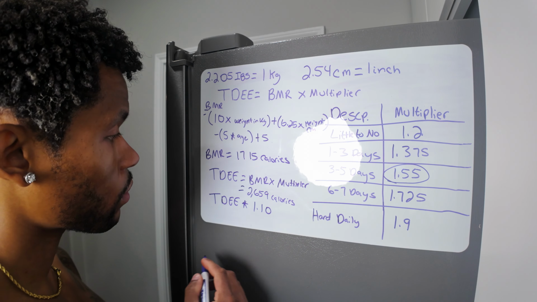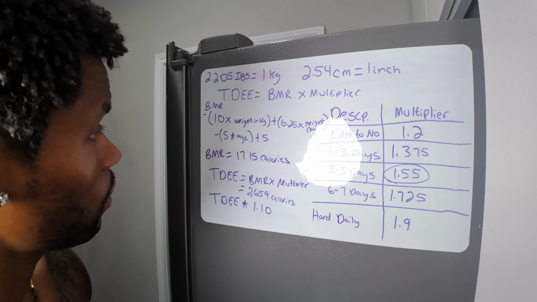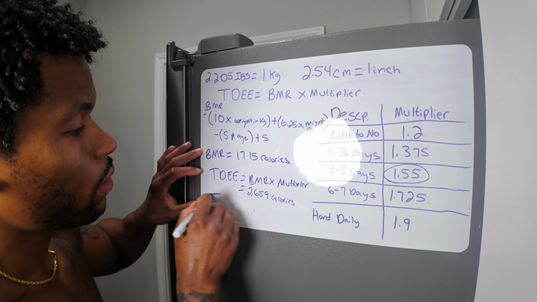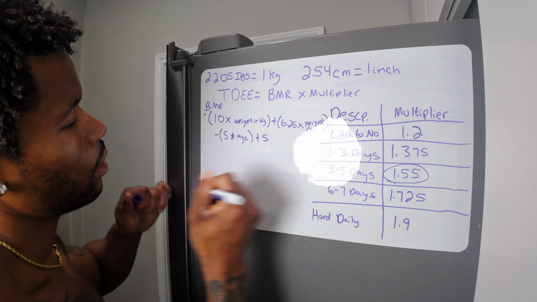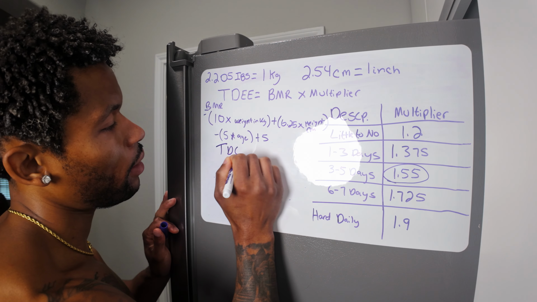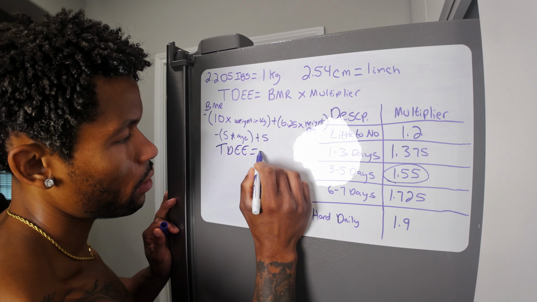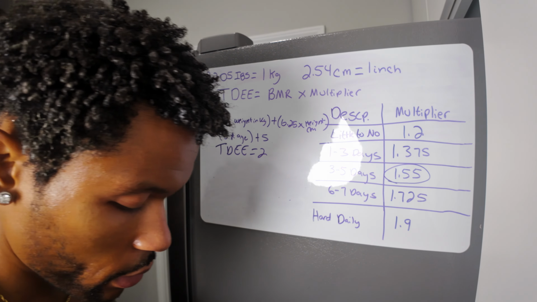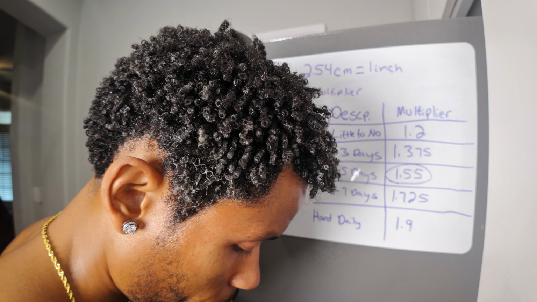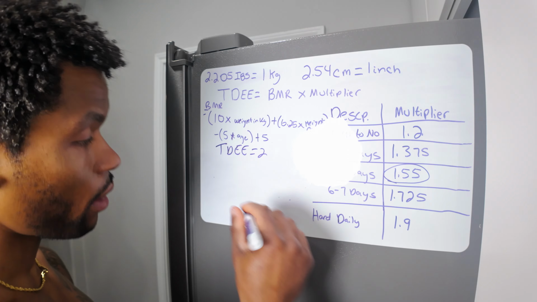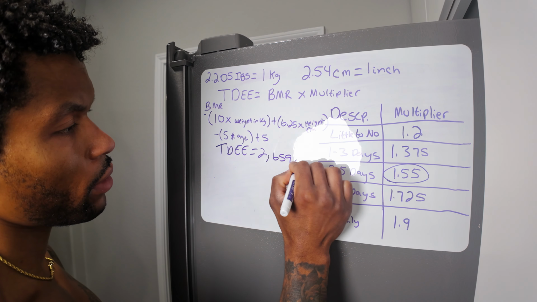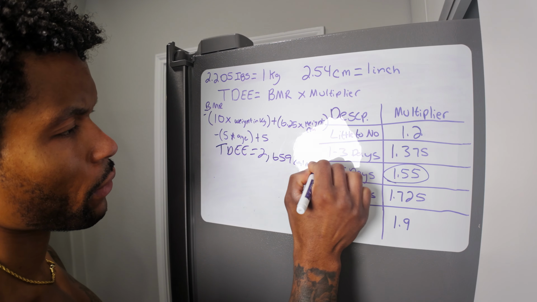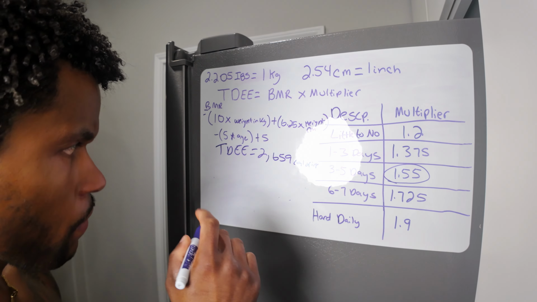All right. So clear this off. I now know my TDEE is 2,659 calories. Double check. Yeah. That's my TDEE.